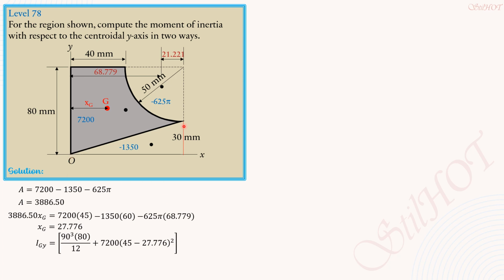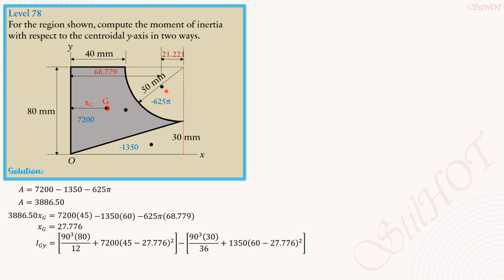For this triangle here, with respect to the centroidal y-axis, it is 90 cubed times 30 over 36 plus area 1350, then distance 60 minus 27.776 squared.